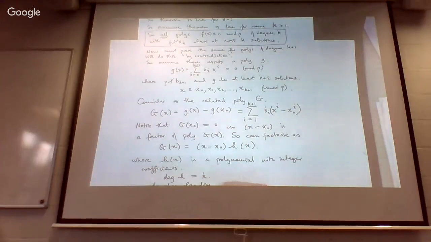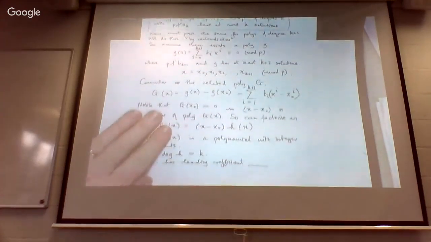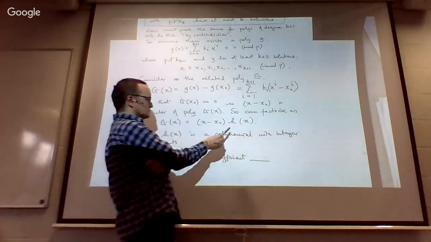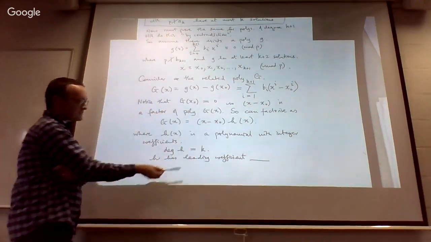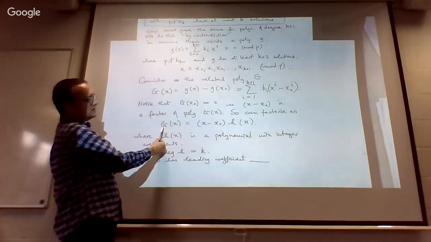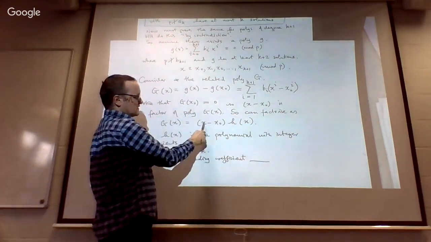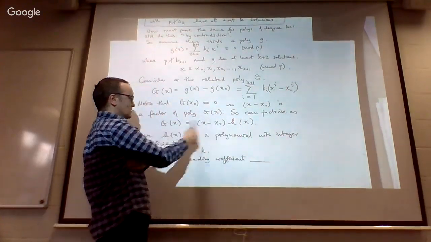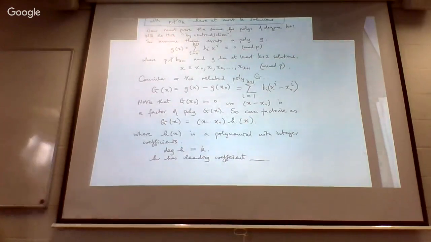H has a leading coefficient. What's the leading coefficient of h? What's the coefficient of x to the power k within h? So h has to have degree k because capital G is degree k plus 1, and you're multiplying by this factor x minus something. If you multiply it by x, you get something of degree k plus 1.